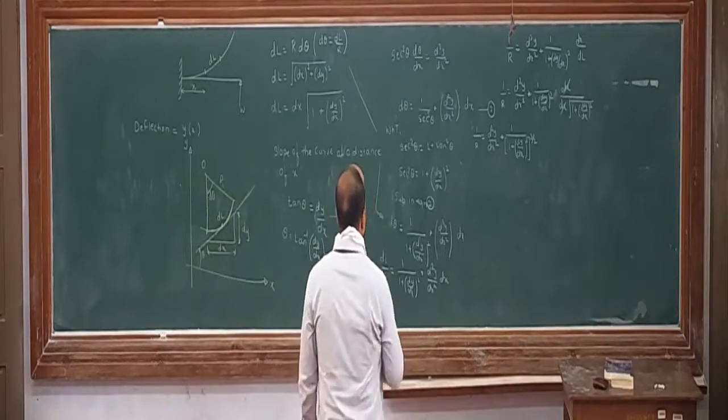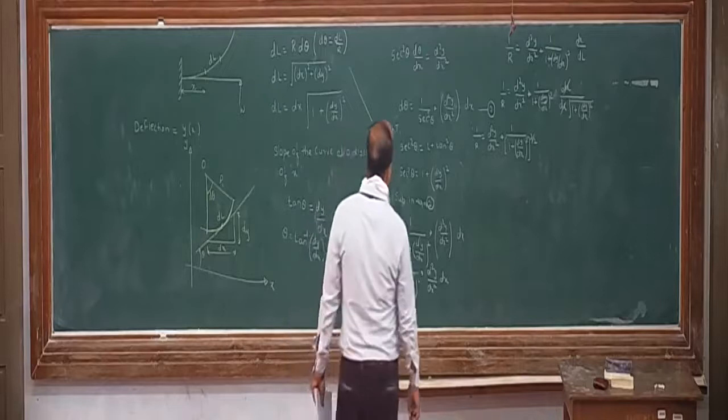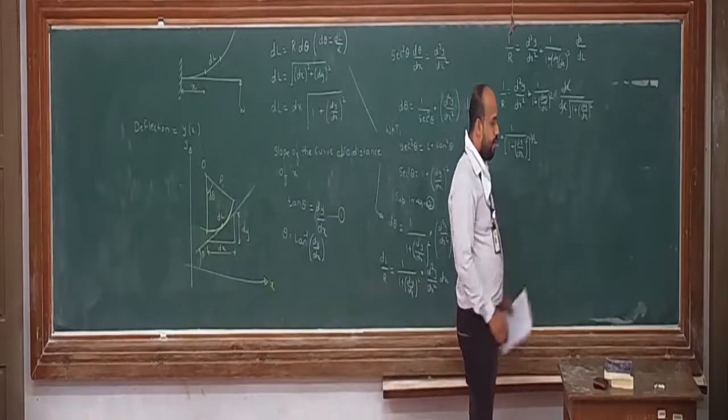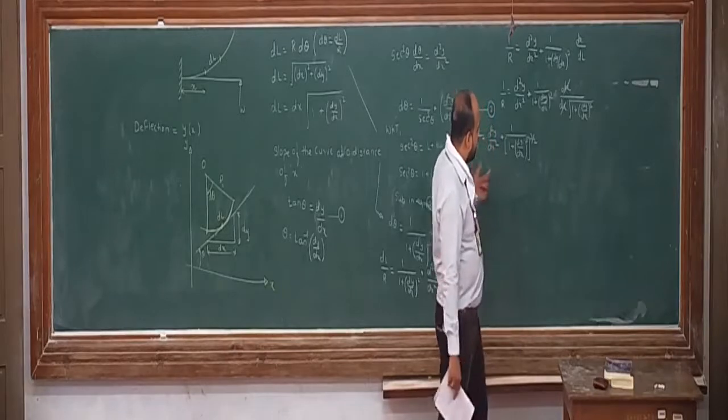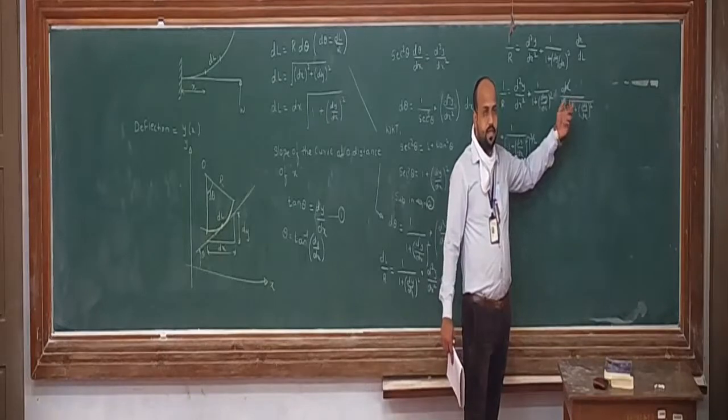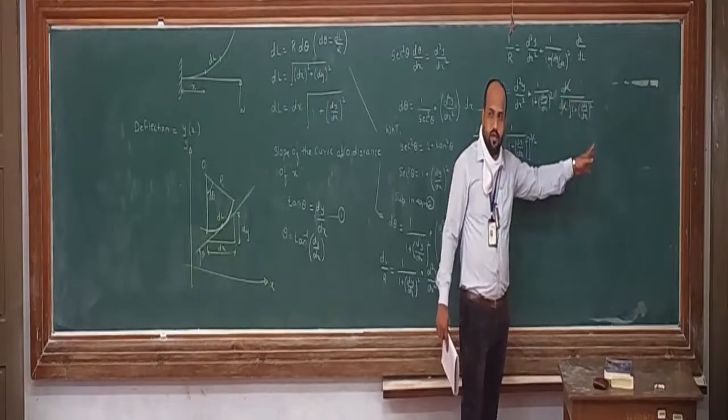So the above equation, what we have written: for small deflections, this dy by dx is very small, hence (dy by dx) square is also very small.